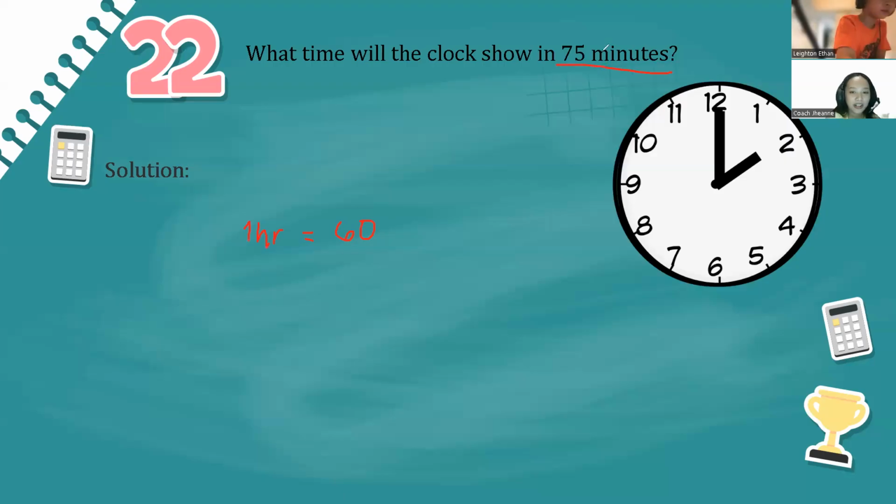Now, we have here 75 minutes. So 75 minus 60, that is 15. So we have a total of 1 hour and 15 minutes. Do you agree?